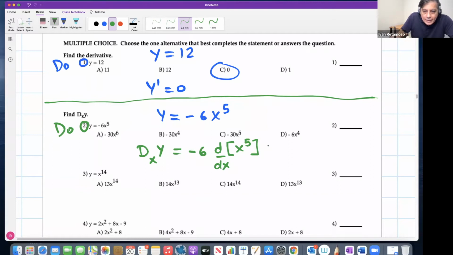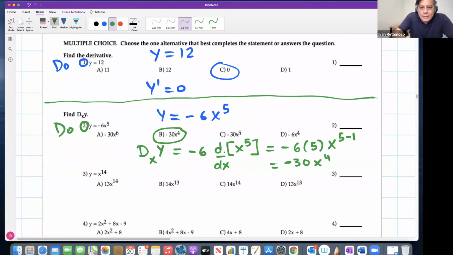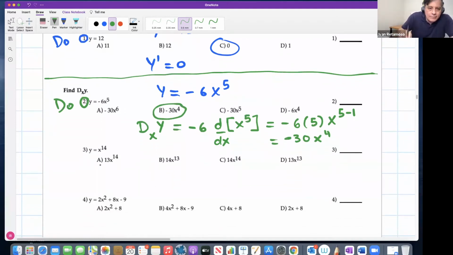This guy, according to the power rule, is going to be 5 coming down up front, x raised to 5 minus 1, right? Simplifying, negative 6 times 5 is negative 30, and x raised to 5 minus 1 is 4, right? And that is this guy. Excellent, great.